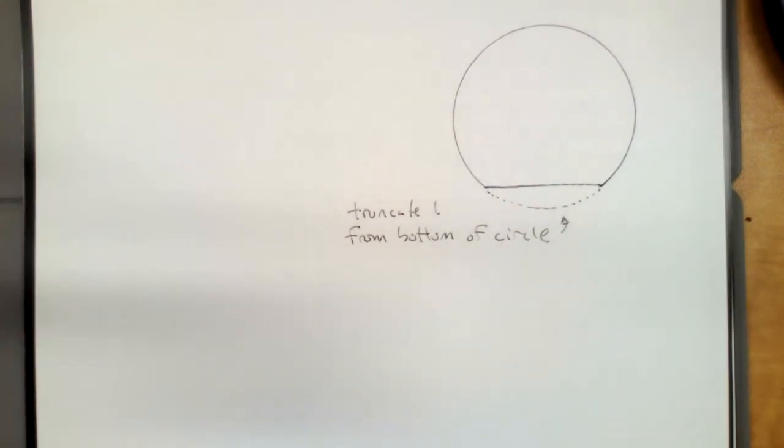Now our circle will stop rolling around. And let's suppose that we want to find the area of this truncated circle.